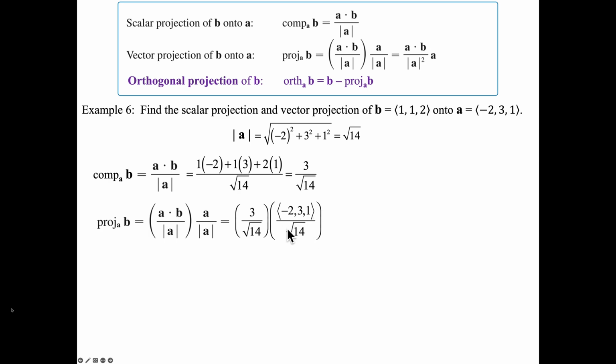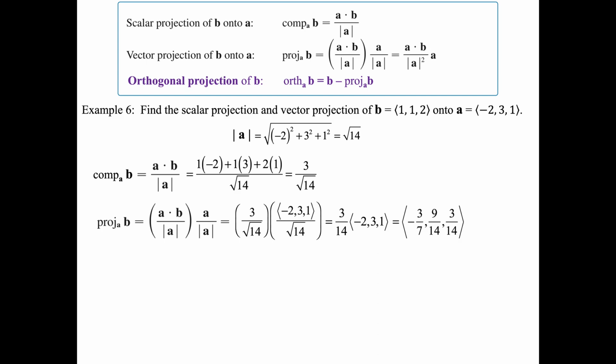We're going to multiply these two together, and that's going to give us 14 in the denominator. So we have 3/14 multiplied to negative 2, 3, and 1. And so there's my projection of B onto A. That's the component form of that vector, the red vectors we saw in the diagram.